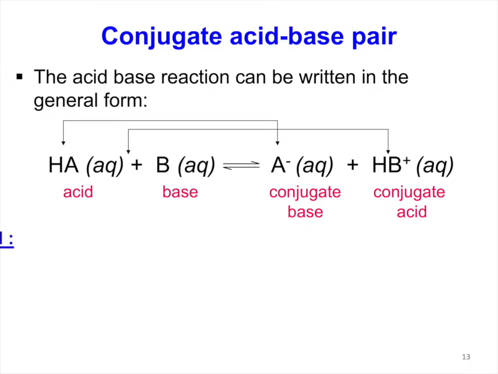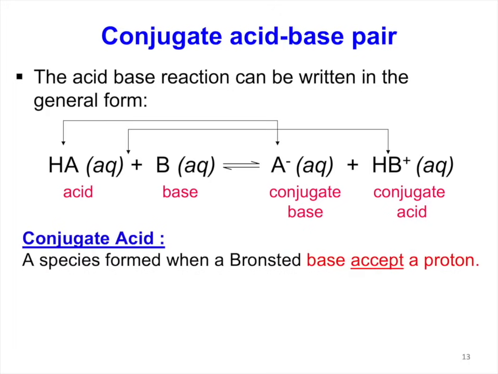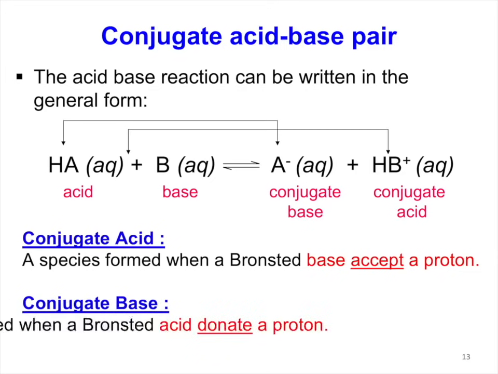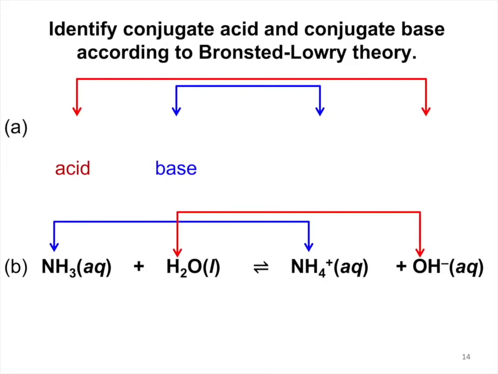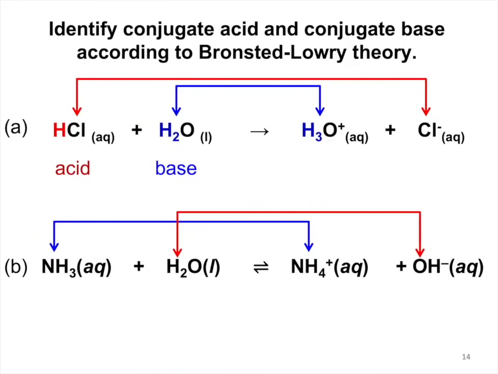What do we mean by conjugate acid and base? Conjugate acid is a species formed when a Bronsted base accepts a proton, and conjugate base is a species formed when a Bronsted acid donates a proton. Okay, let's identify conjugate acid and conjugate base according to Bronsted-Lowry theory. So HCl + H2O to form H3O+ Cl-.